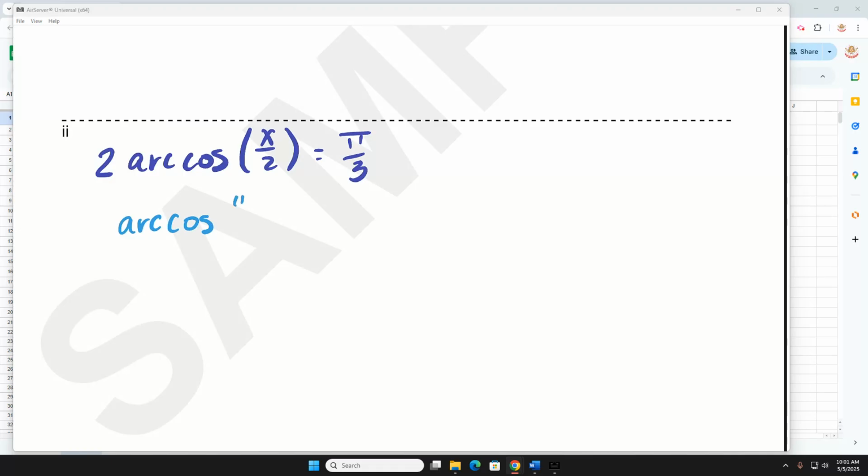And what is pi over 3 divided by 2? Yep. So dividing by 2 and multiplying by 1/2, same thing. Okay, so now I can write this as a cosine equation where the cosine of pi over 6 is equal to x over 3.